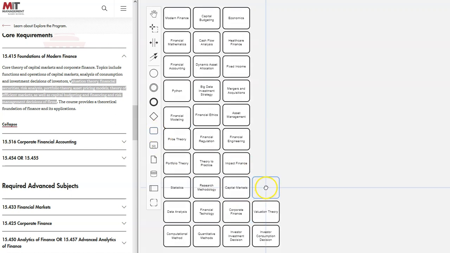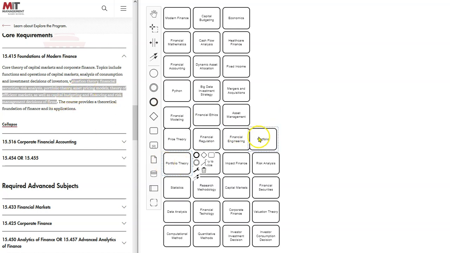We have financial securities. Risk analysis. Portfolio theory. Okay, so we already have a portfolio theory over here.